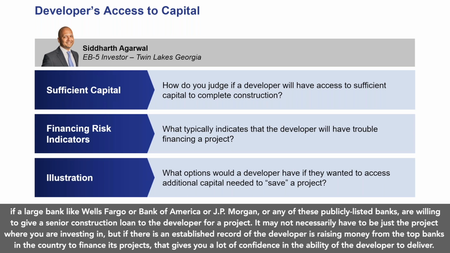Okay, and it may not necessarily have to be just the project where you are investing in, but if there is an established record of the developer raising money from the top banks in the country to finance its projects, that gives you a lot of confidence in the ability of the developer to deliver.